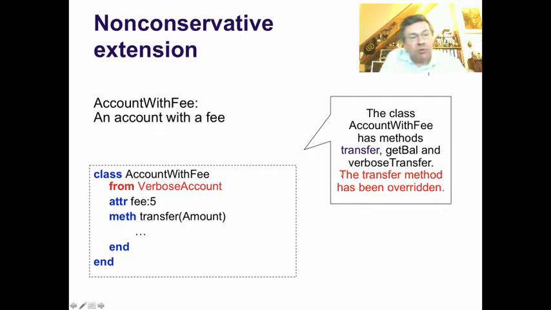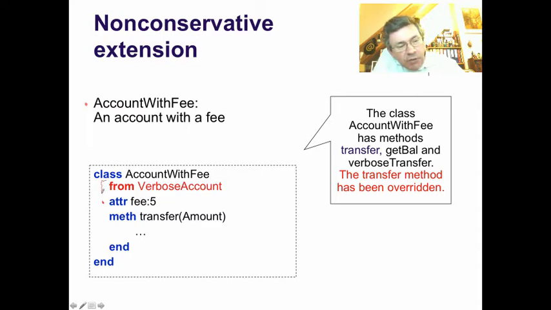Now let's do a further extension with an account that has fees. Let's say it now costs money to do transactions, and each transaction has a fee that is deducted from the transfer amount. So if you add 100 euros to the account, only 95 arrives because of the fee.